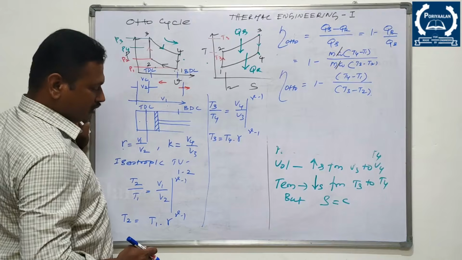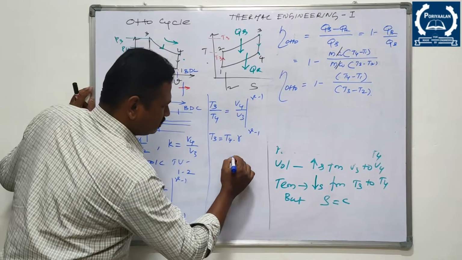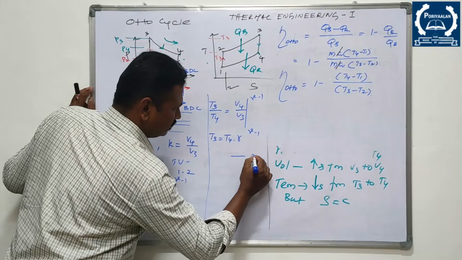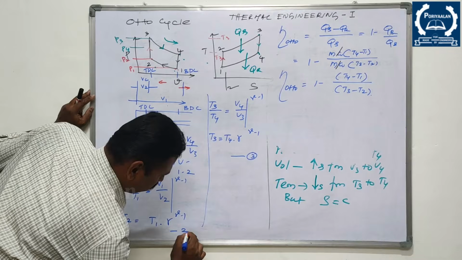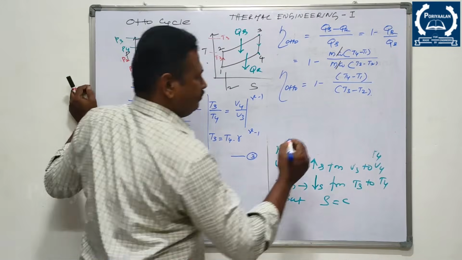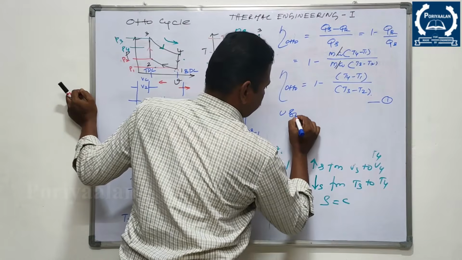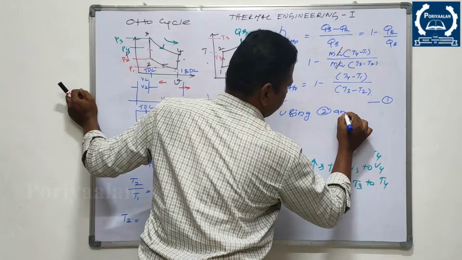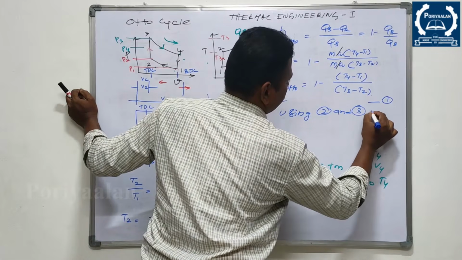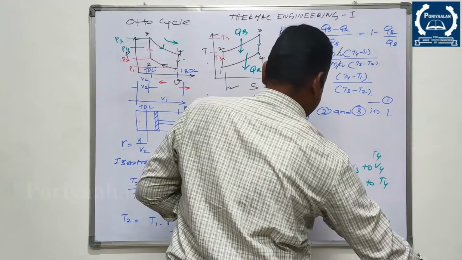What I am going to do is use these two in 1. Let us name them as 3, 2, something like that. This is 1. I am using 2 and 3 in 1. So then finally this expression will become like this.